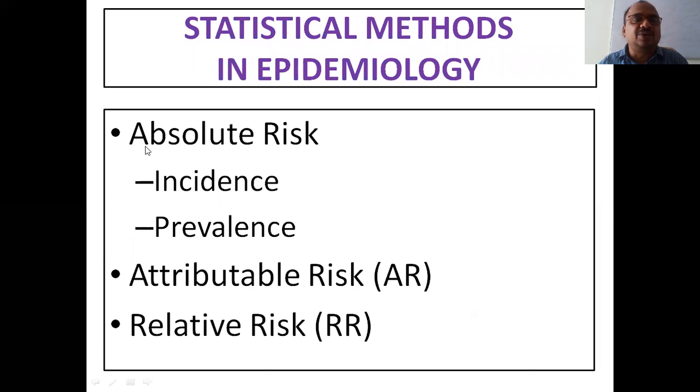Don't get confused; this is also abbreviated AR, but absolute risk and attributable risk are indicated by the same symbol. Then relative risk, where the risk of one disease is related to another.